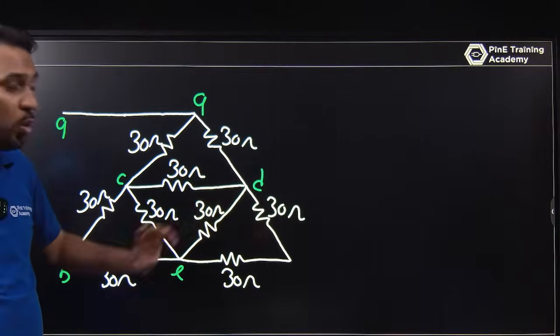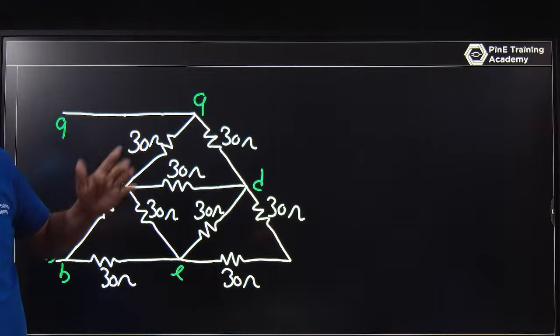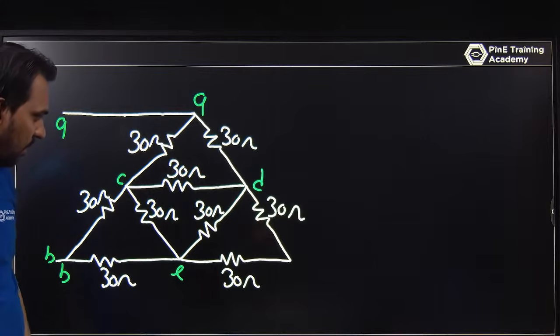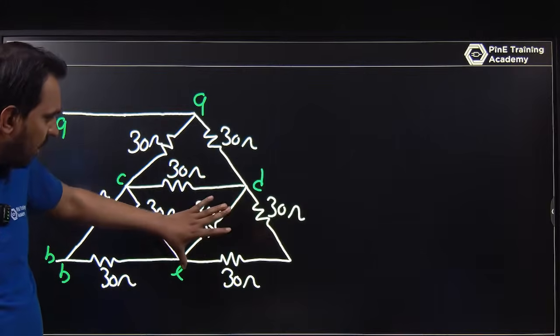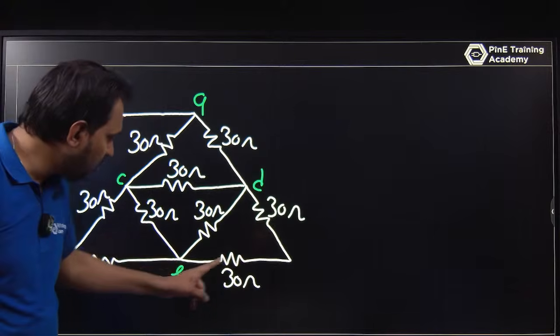That will be 20 ohm, since 30 into 60 upon 90 is 20 ohm. So in between D, you have a 20 ohm.